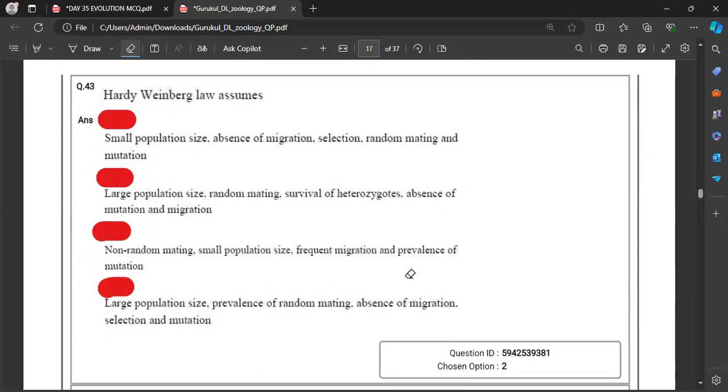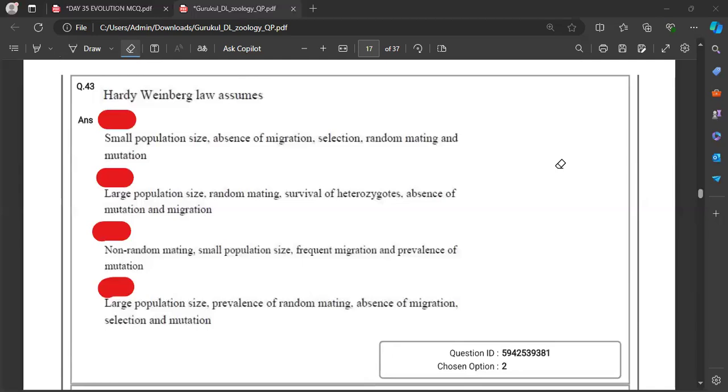Okay, just answer this question. Hardy-Weinberg law assumes. So this is how your question will be. You should know the conditions, whether it is a large or small population size. And when it comes to mating, whether Hardy-Weinberg law prefers random mating or selective, non-random mating.